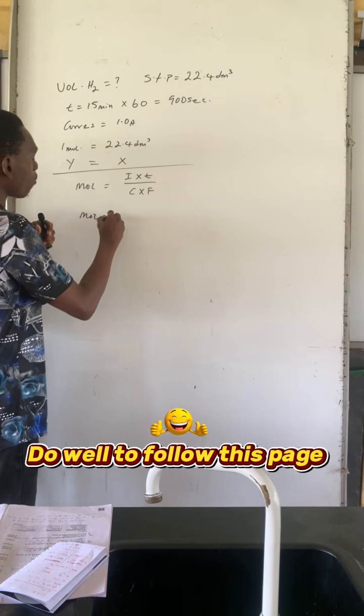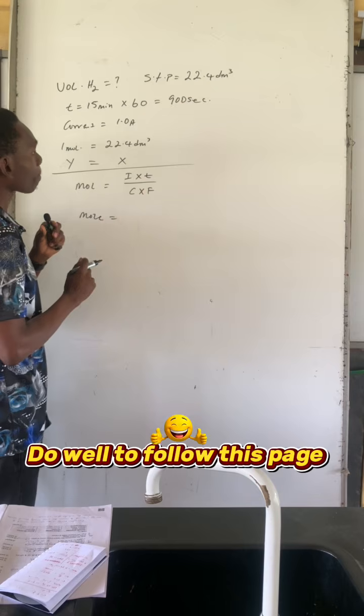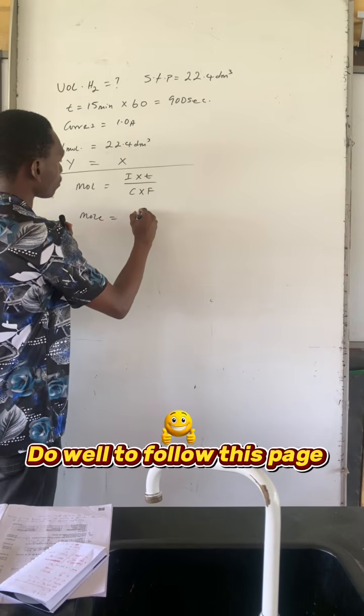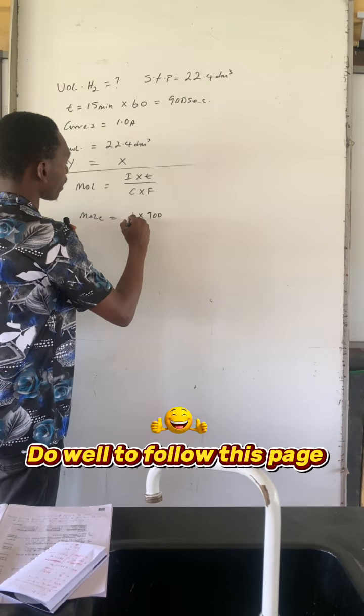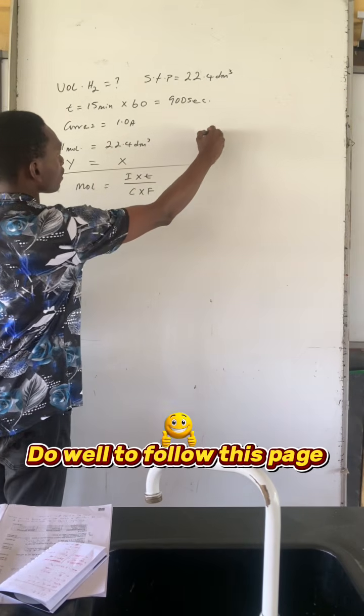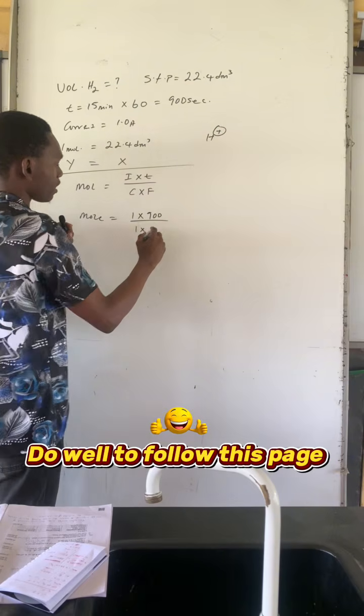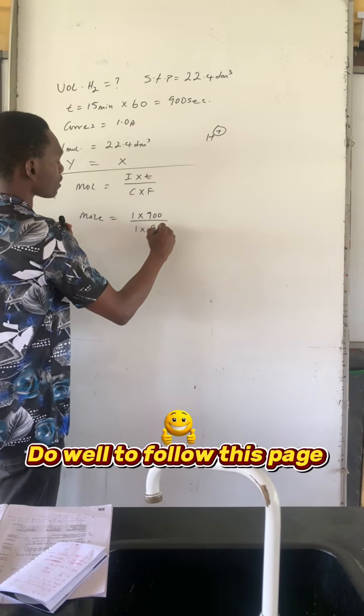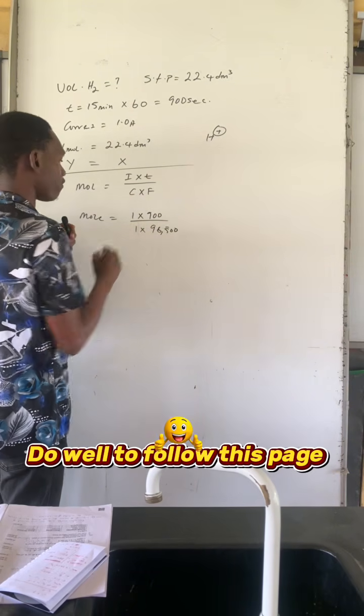We want to calculate for mole. Our current is 1 times our time is 900, all over our charge here is 1, which is in hydrogen gas. Hydrogen gas has just 1 charge, times our Faraday's constant 96500.